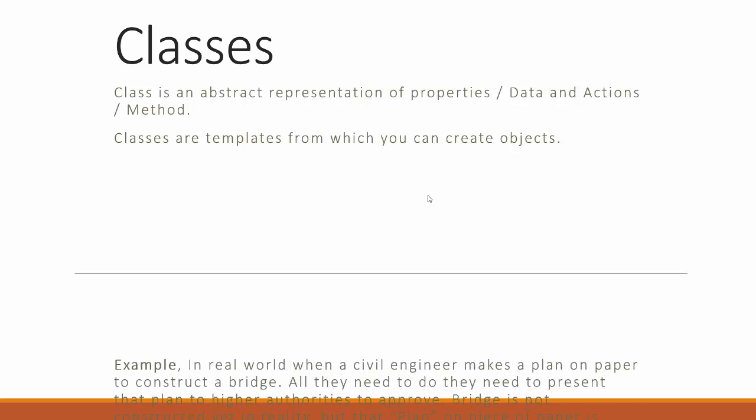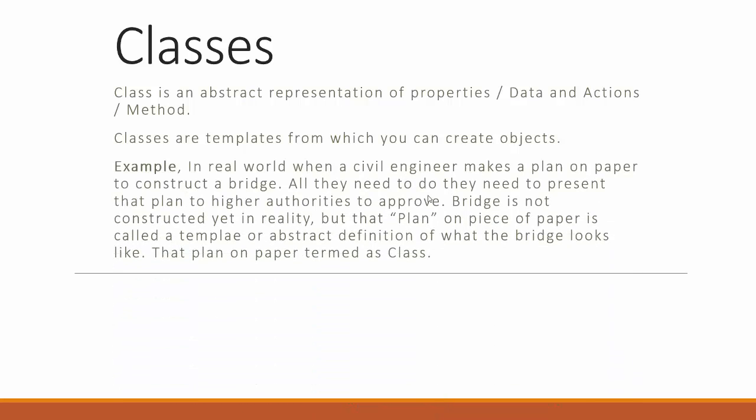So let's take a look at an example from the real world. When a group of civil engineers wants to make an overhead bridge, before going to the actual field and before starting to build the bridge, they make a plan on a piece of paper and present that plan to the higher authorities to get approved.